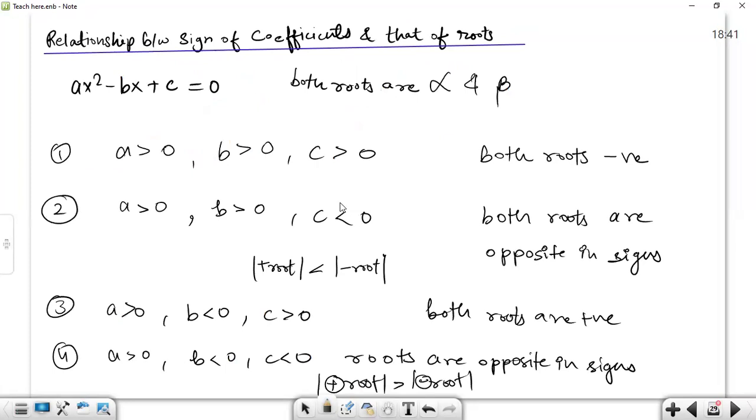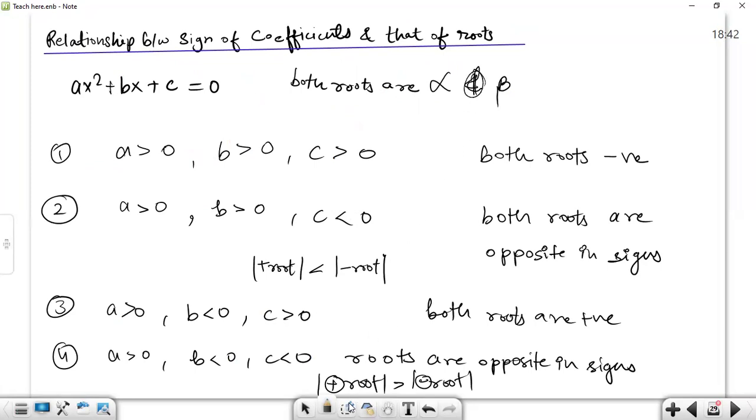Okay. Now let's discuss the relation between the sign of the coefficient and the roots. This is the given quadratic equation, and its roots are alpha and beta.